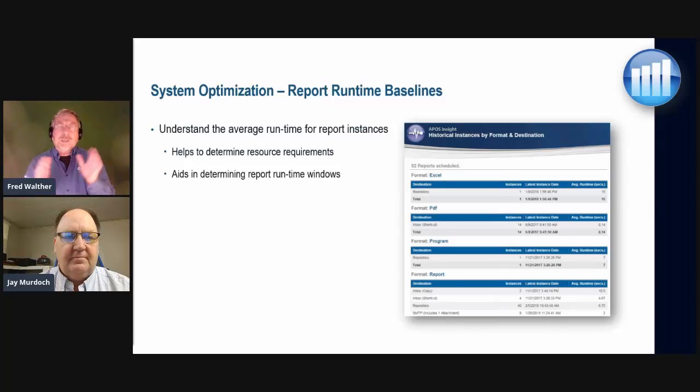So rather than scheduling everything to run, for example, at 11 p.m., why don't we stagger that and say have a group run at 11, a group run at 12, a group run at 1, etc., so that we're making use of the time that we have between, for example, 11 p.m. and 7 a.m. when our staff starts to show up, so that we have a good handle on usage of our resources.